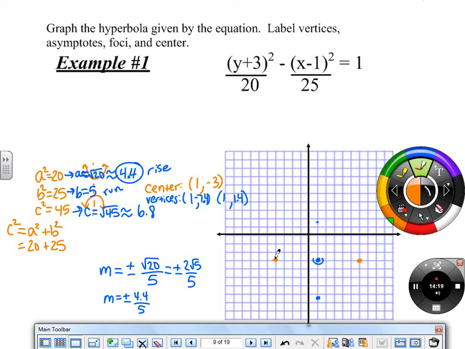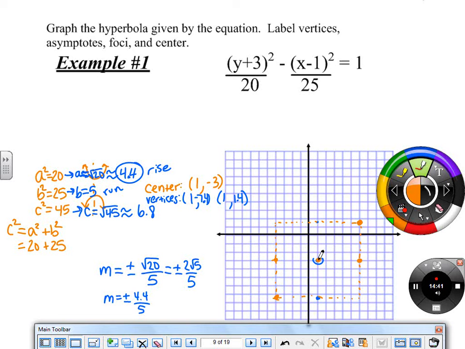Now those points have nothing to do with our hyperbola, but they do help with the slope of our asymptotes. So what we can do to get all the points for all the asymptotes quickly is create this little rectangle, because it shows us the points our asymptotes are going to cross through besides just this center.